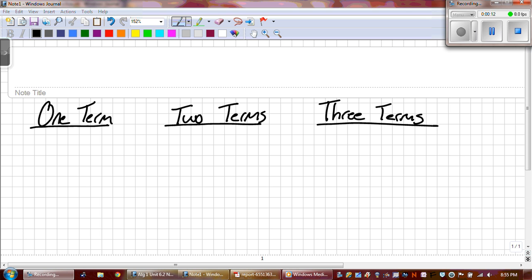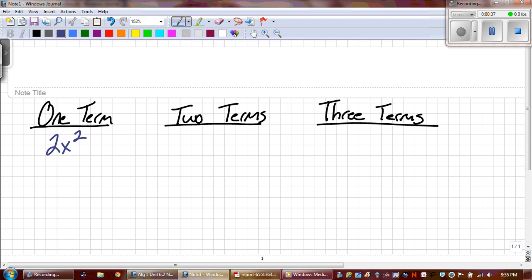Now, if you want to take a sheet of paper out, first we're going to talk about different types of terms, okay? So on here I've written down one term, two terms, and three terms. In case you didn't know, a one term expression can look like that.